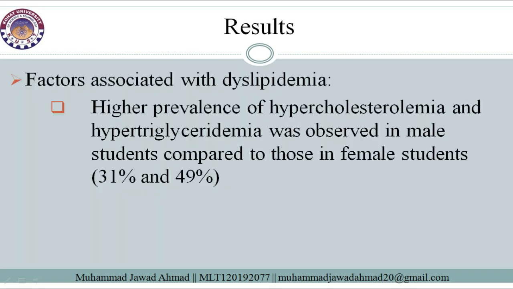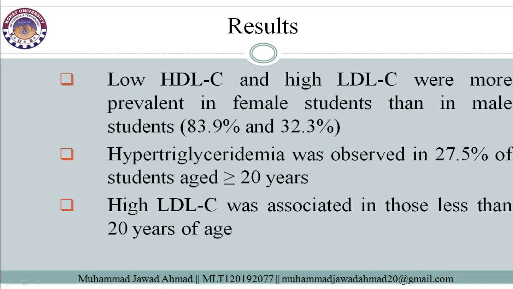Factors associated with dyslipidemia. The higher prevalence of hypercholesterolemia and hypertriglyceridemia was observed in male students compared to female students. Low HDL-C and high LDL-C were more prevalent in female students than in male students.